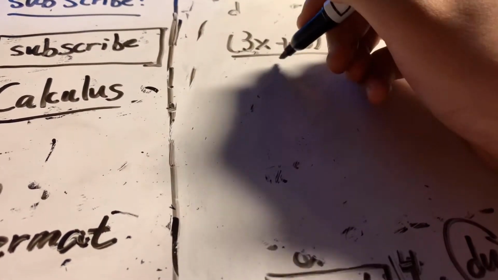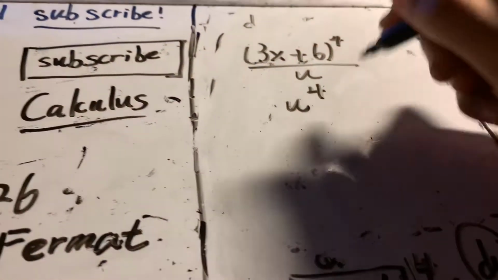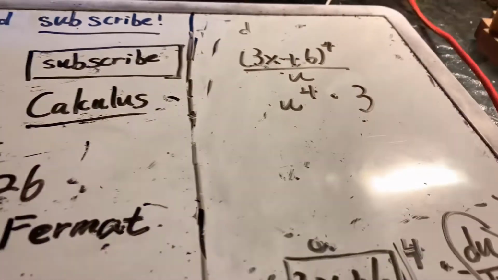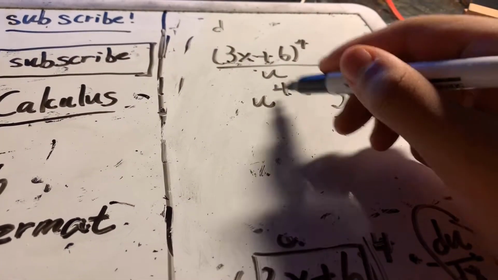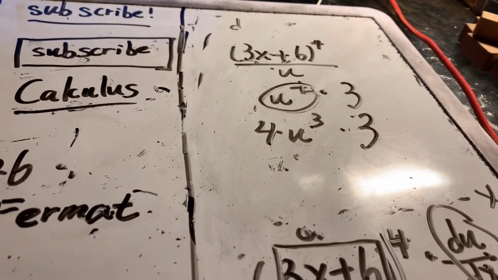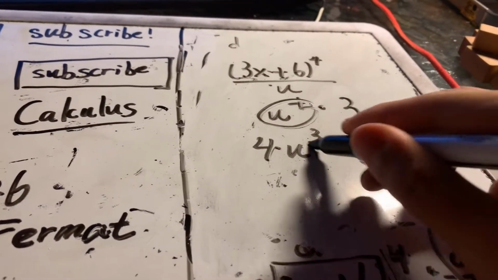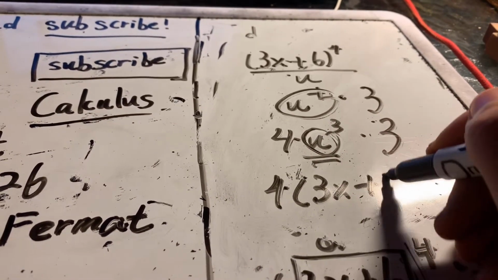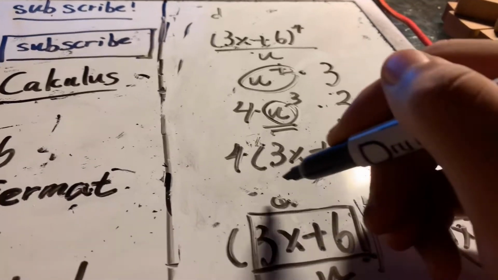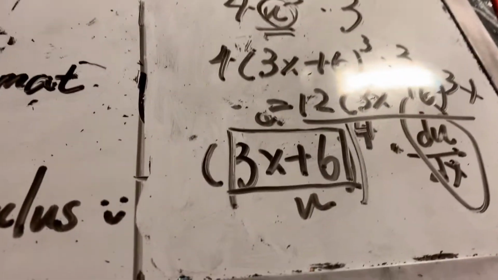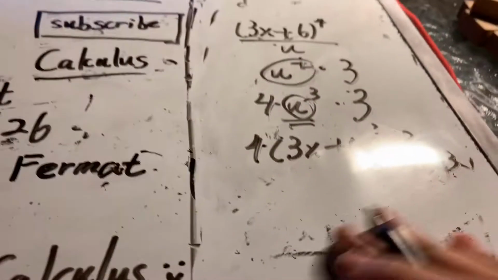We first set this as u, and then we multiply by the derivative of this, which is 3. We change this into this, and remember, you need to put u back ultimately. The final answer is 12 times 3x plus 6 cubed.